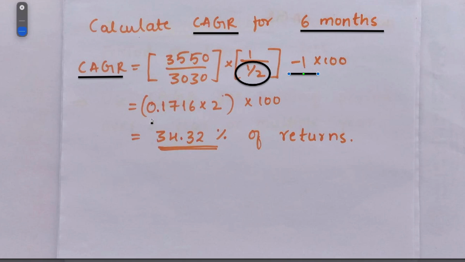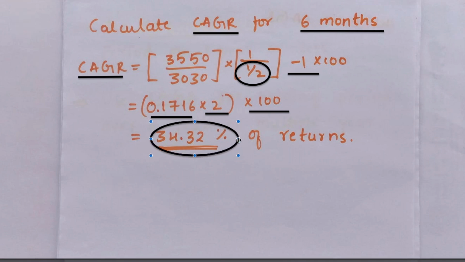By calculating, it gives 0.1716 into 2 into 100, and that gives 34.32% as the return. This is the CAGR for 6 months.